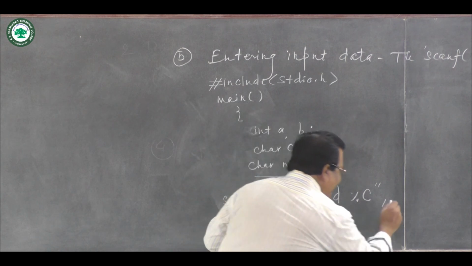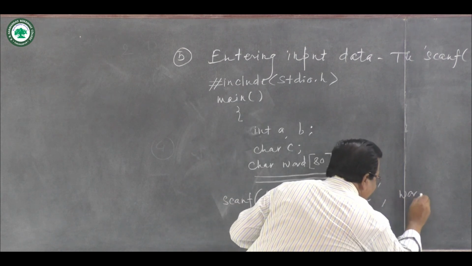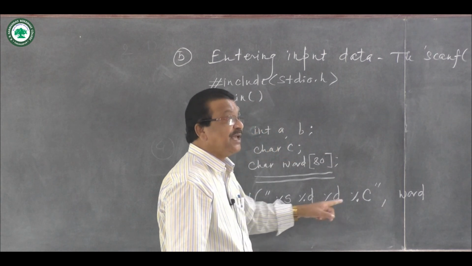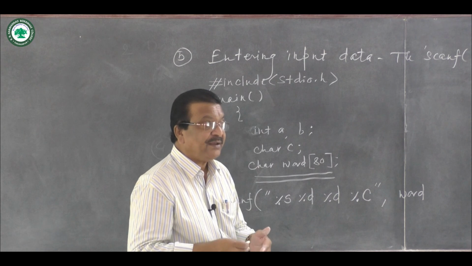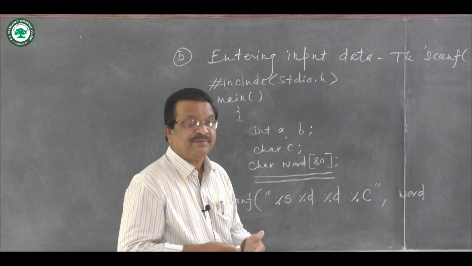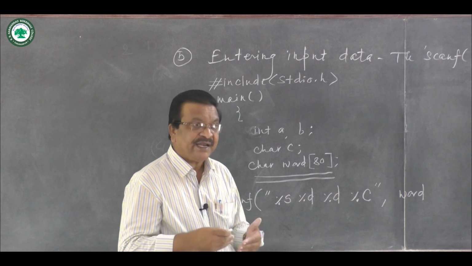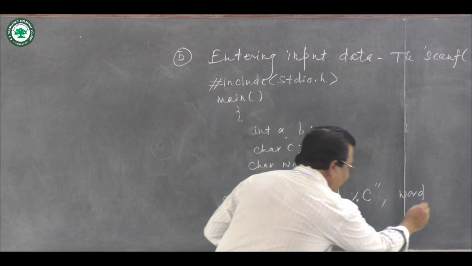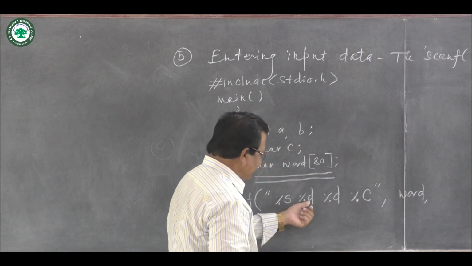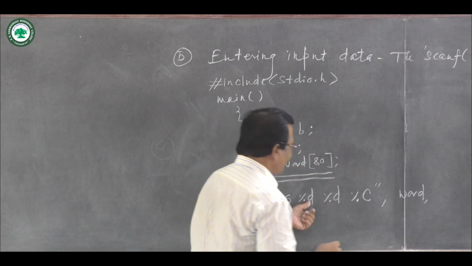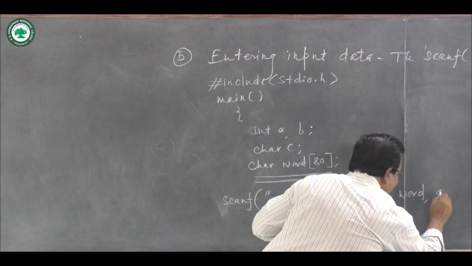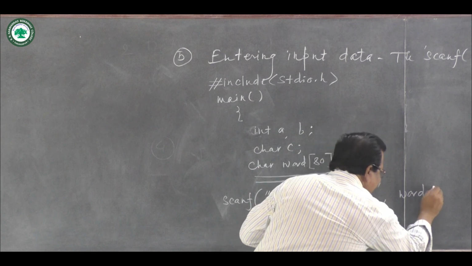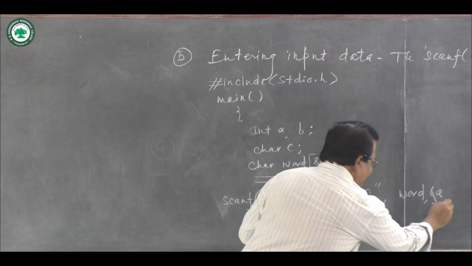For %s, I am writing word, not preceded by an ampersand sign, because it is the name of an array. Why is it not preceded by an ampersand sign? Because the name of an array itself is interpreted as the address of a memory location. Then comma, corresponding to this conversion character D, I have the second data item, decimal integer a, which will be preceded by an ampersand sign, &a.